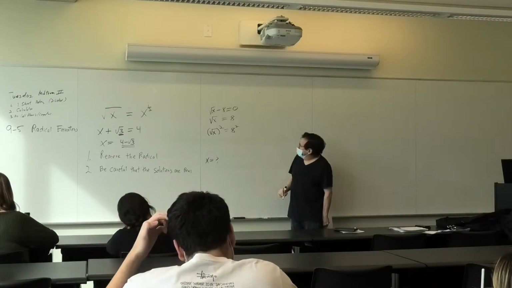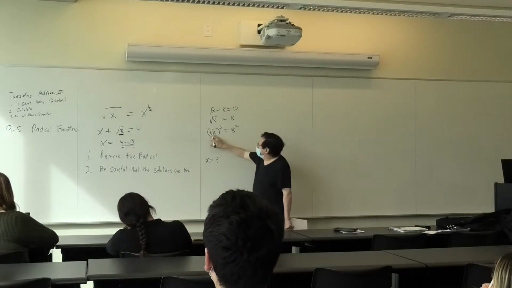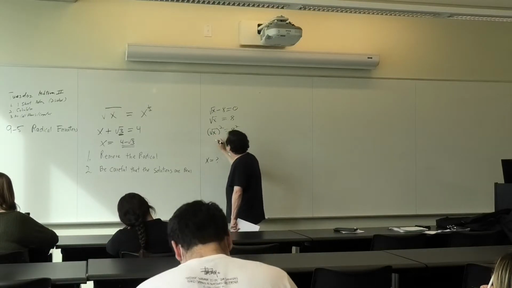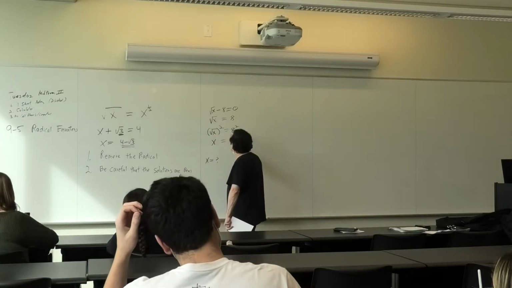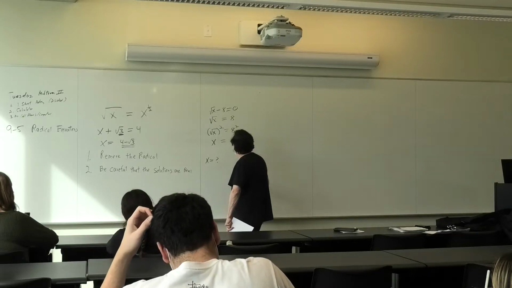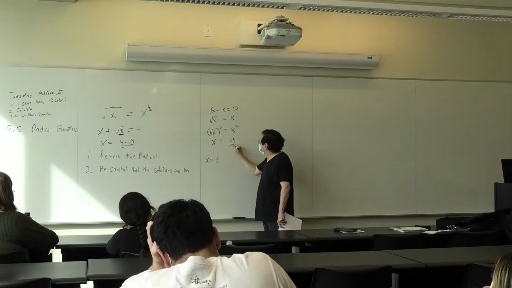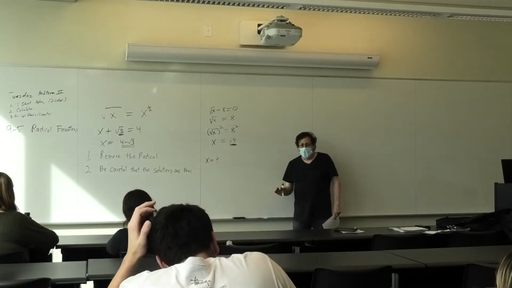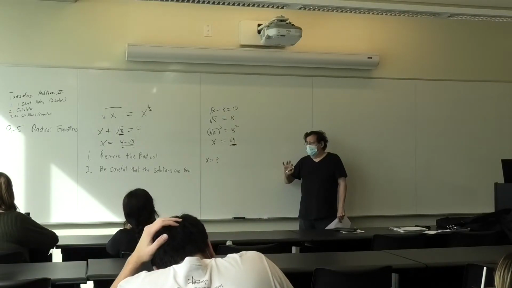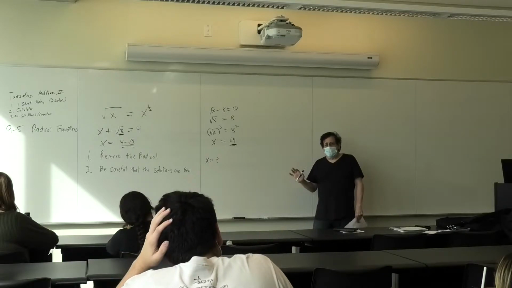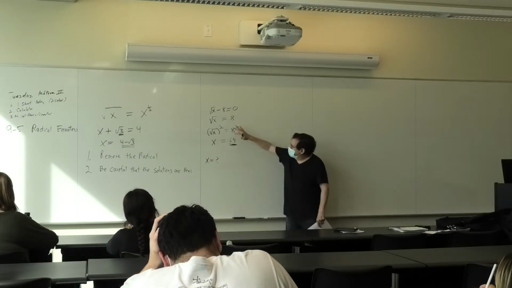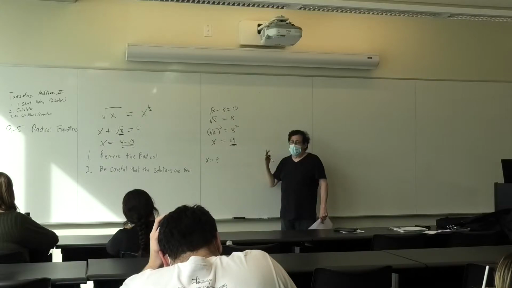Okay. Well, the square root of x squared should normally be x, and 8 squared is 64. And it looks like 64 is going to be our solution. But before we jump to that conclusion with this kind of equation, we have to check.